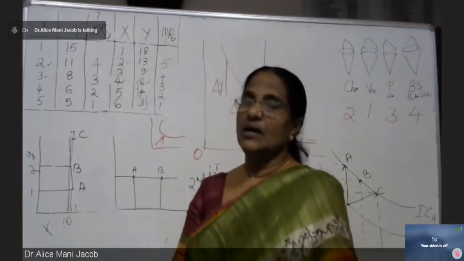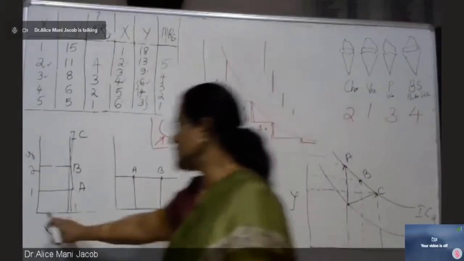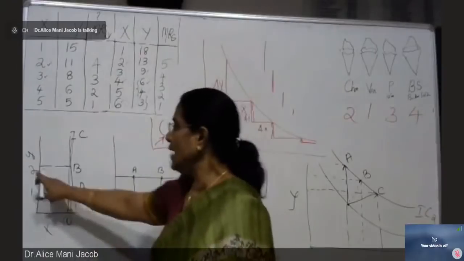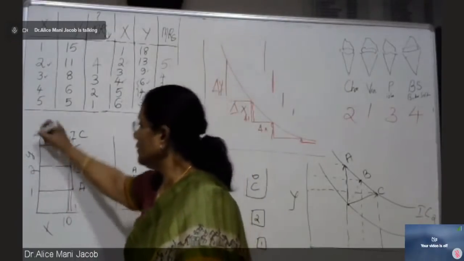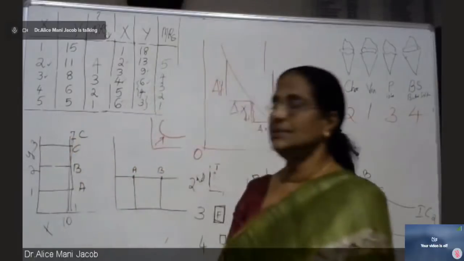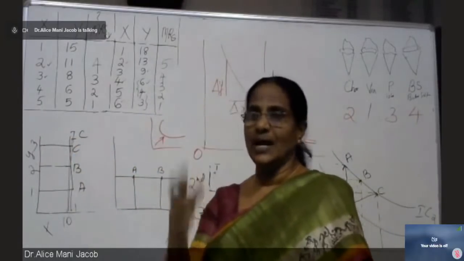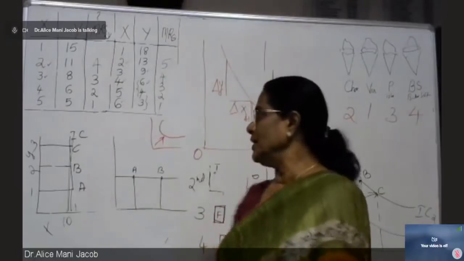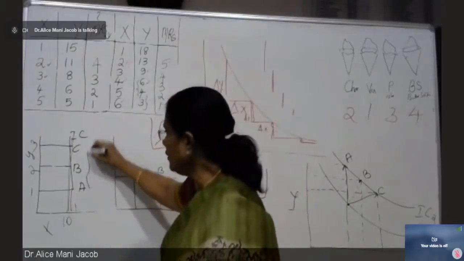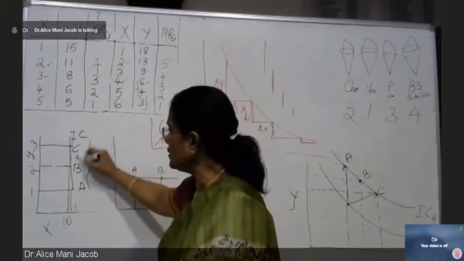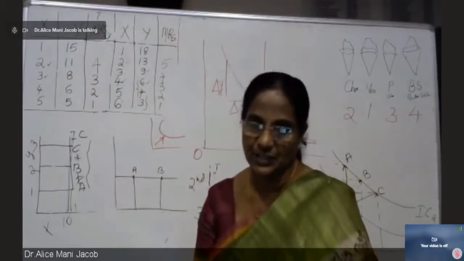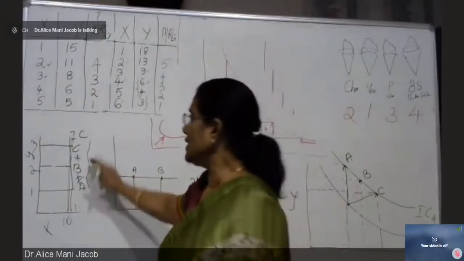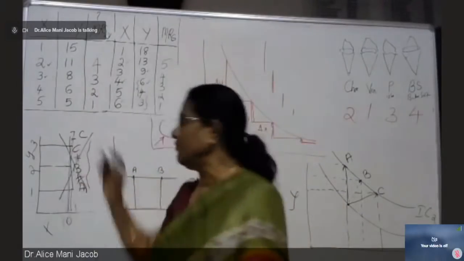Is it clear? As you move up to C, there are 3y and the same 10x. Which means A is not equal to B is not equal to C when it comes to satisfaction. B has greater satisfaction. So this is not an indifference curve.